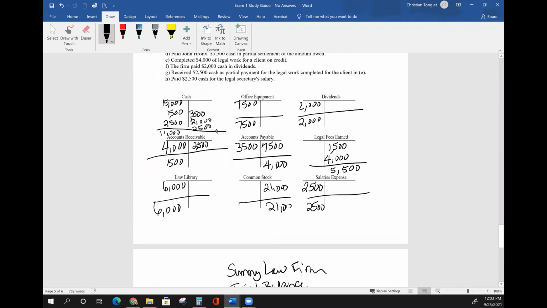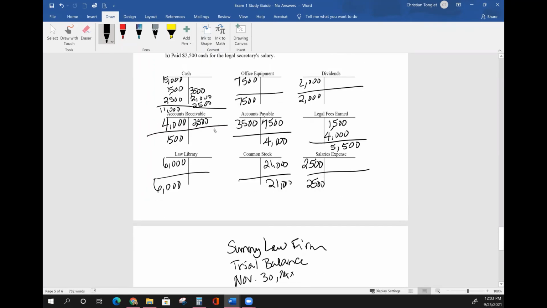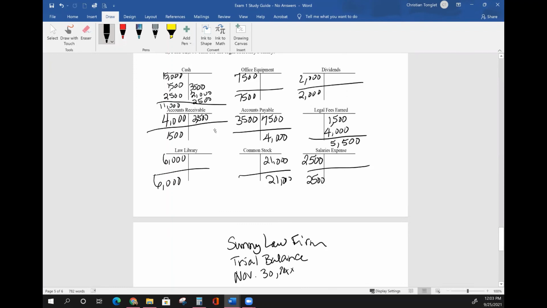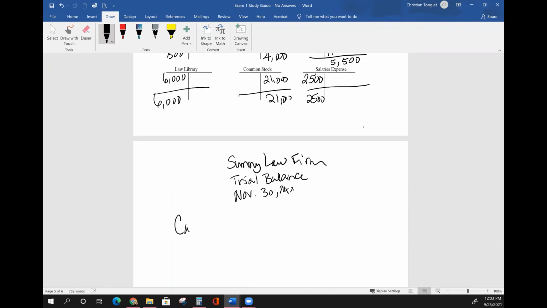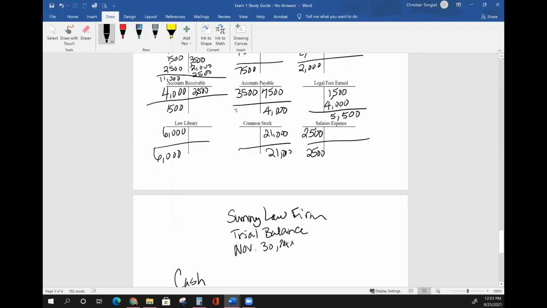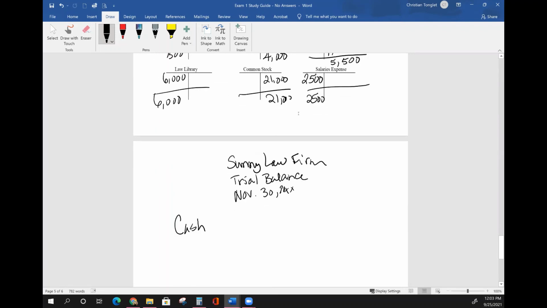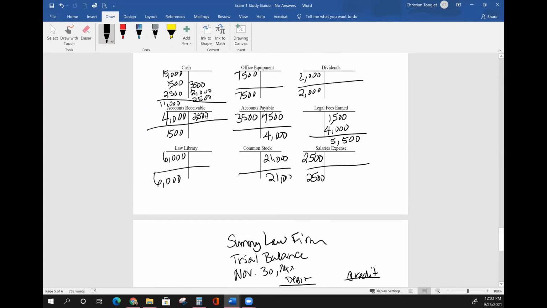Okay, so we're going to just list out our accounts, and usually we start with the assets first and then go from there. So we're going to have cash. We're just pulling the balance, which was 11,000. Remember, you have two separate columns. This is your debit column. This is your credit column. You don't have to write it on there. Just give me two separate columns if you have to do this problem.